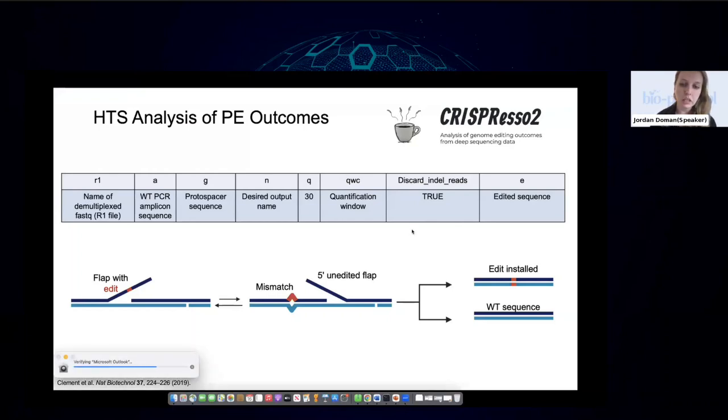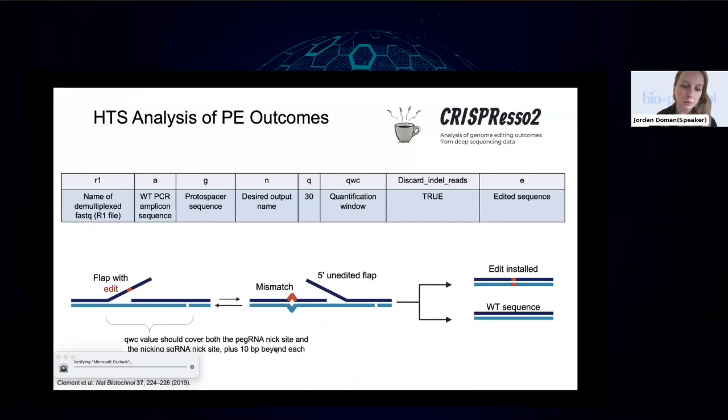Another thing that's important is this quantification window, this QWC value. What this dictates is where the program will be looking for indels. For prime editing, there are two different places where we can really see indels coming in. One is where the pegRNA nicks, for example around here.